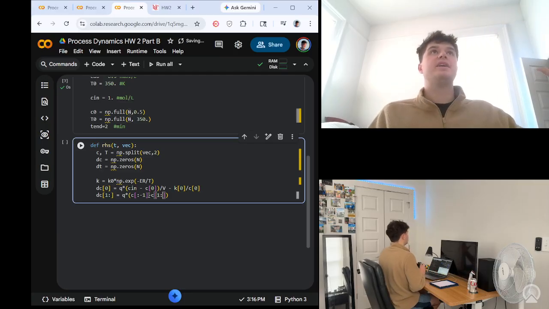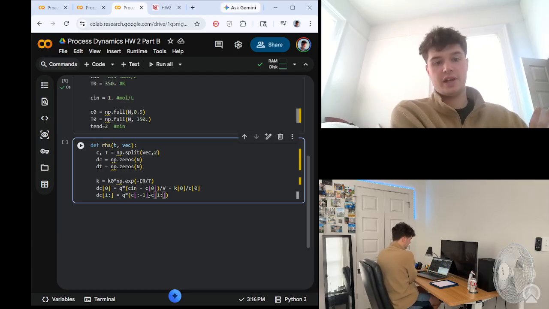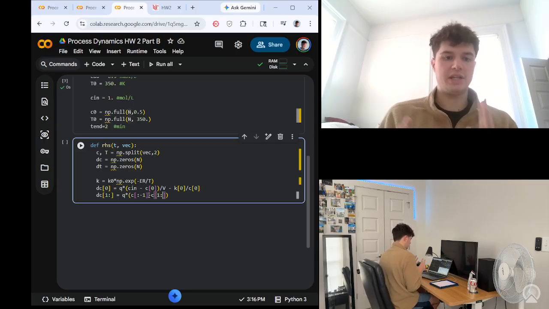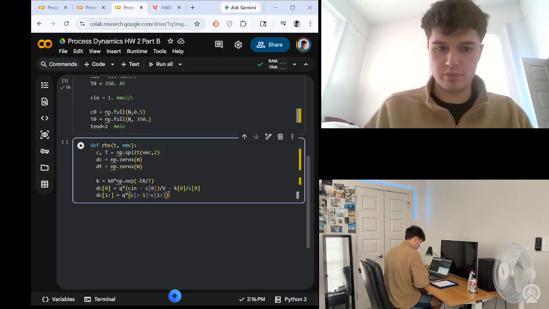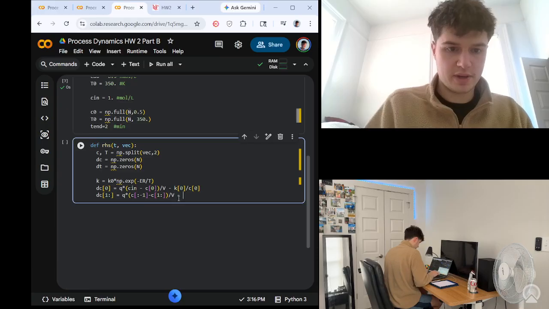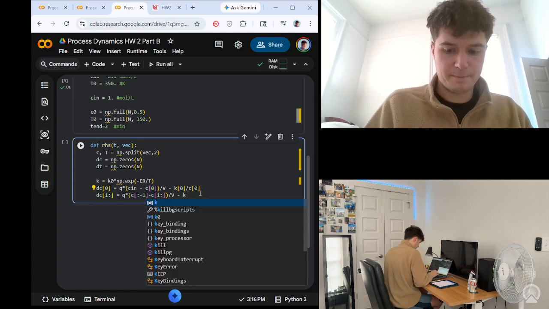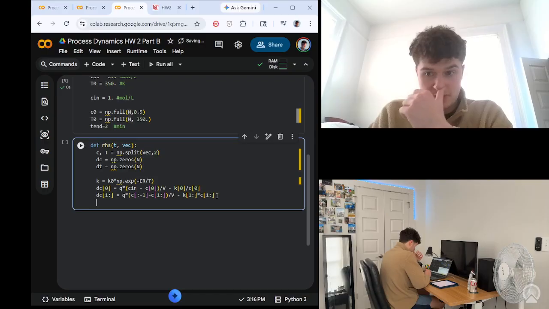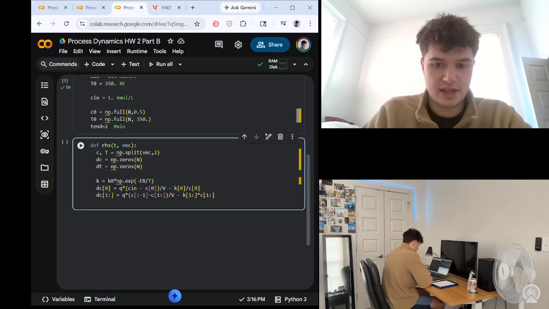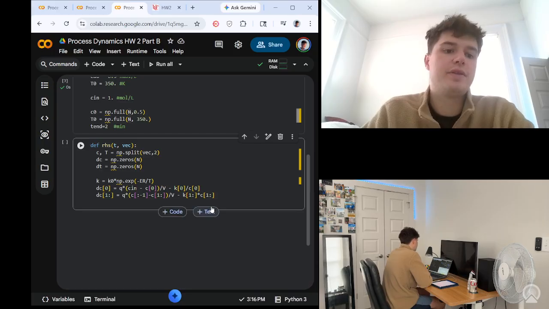So this is saying C, the concentration from everything to negative 1, and then subtracting the concentration from 1 to whatever value we want, essentially. And then that is all going to be divided by the volume minus K1 times concentration 1. Now, all right. Lots of chances for syntax errors, so probably not going to get this right exactly the first time. But now we've done the derivatives for the concentration.